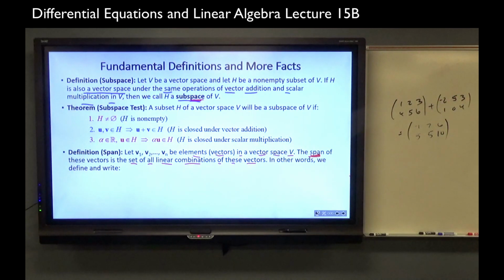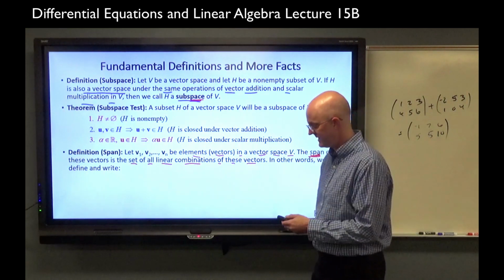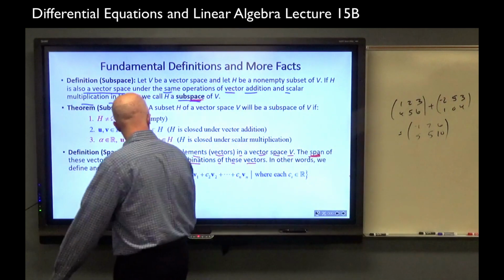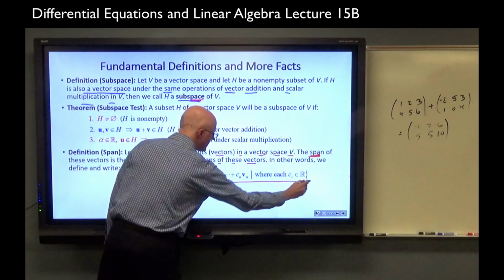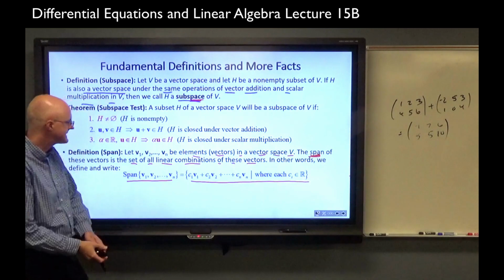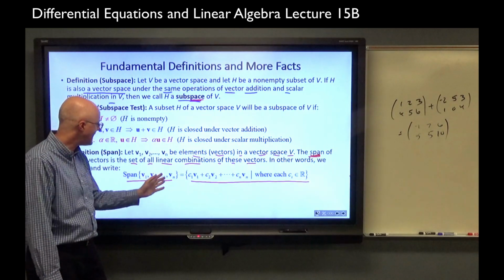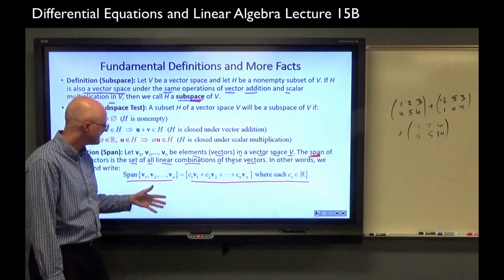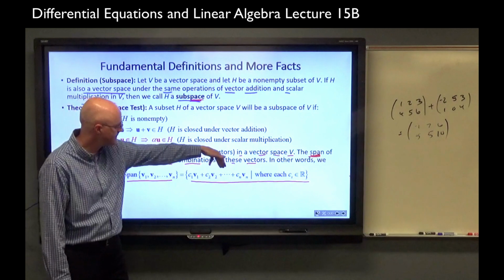In other words, we define and write a symbol for the span, and its definition is that the span of these vectors is this set. The set of all linear combinations of the vectors. We've got n vectors that were given. Consider the set of all linear combinations of those vectors where these scalars can be any real number.